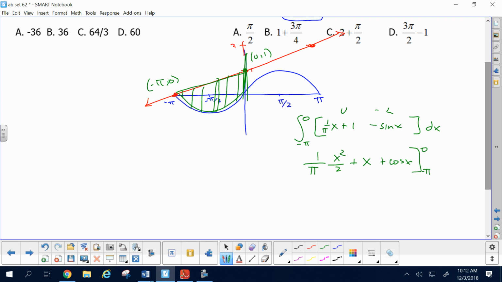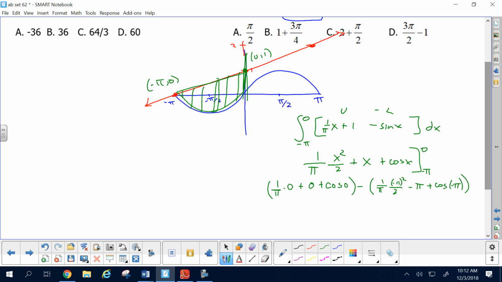Do I put in 0 first or negative pi? 0. So I have 1 over pi times 0 plus 0 plus cosine of 0, minus 1 over pi times negative pi squared over 2 minus pi plus cosine of negative pi.